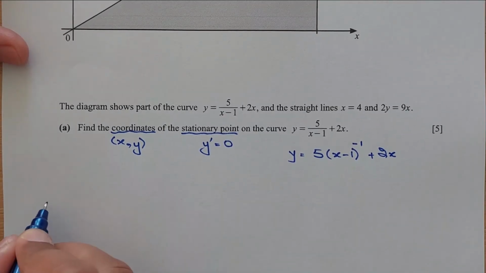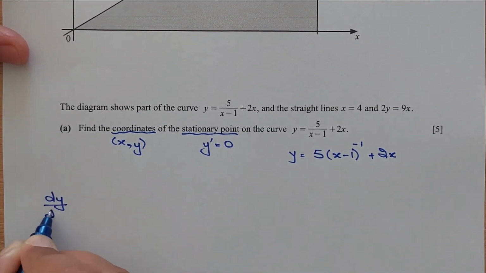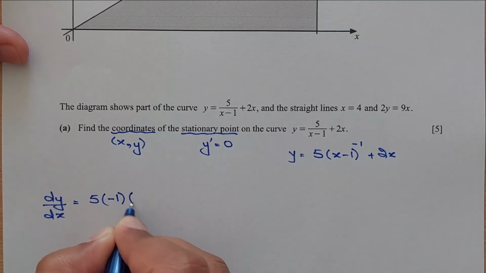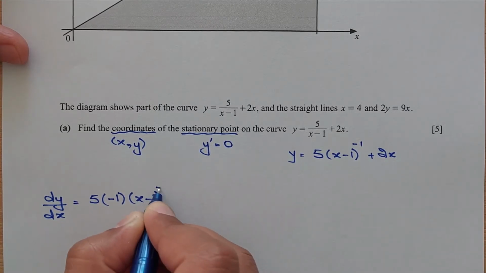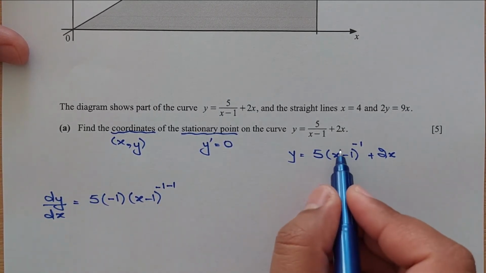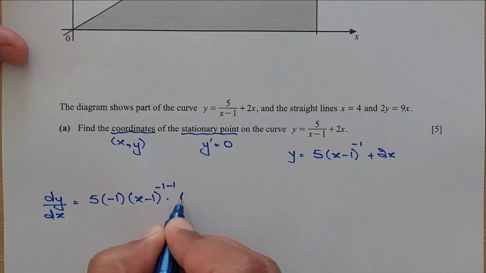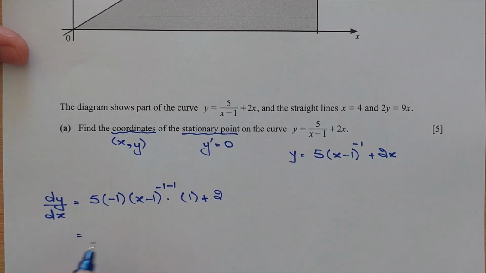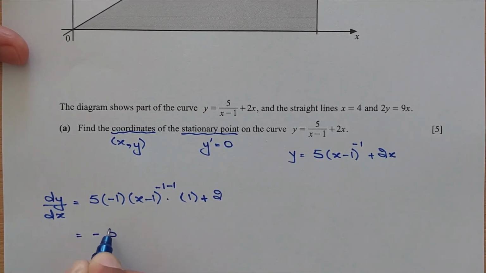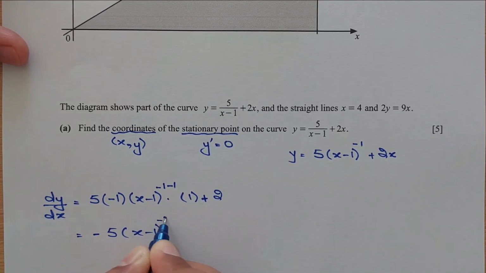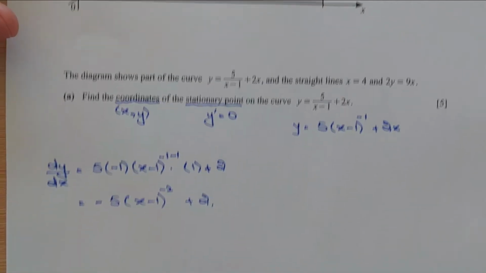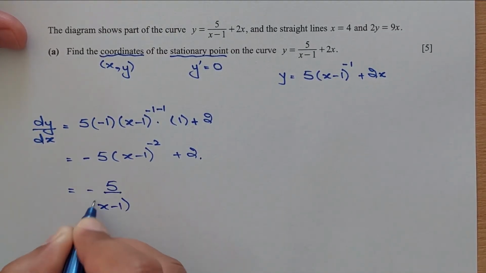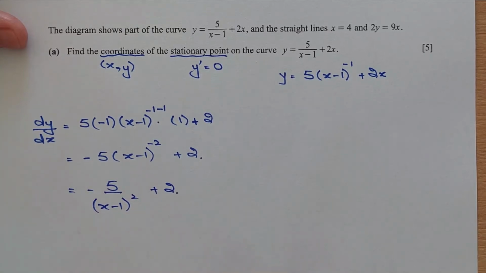So let me find the derivative. dy over dx is equal to 5, the power is minus 1, base function is x minus 1, power minus 1 minus 1, and the derivative of x minus 1 is just 1, plus the derivative of 2x is 2. So we have minus 5 times x minus 1 to the power minus 2, plus 2, right? Or we can say minus 5 divided by x minus 1 whole square plus 2. So this is the derivative.